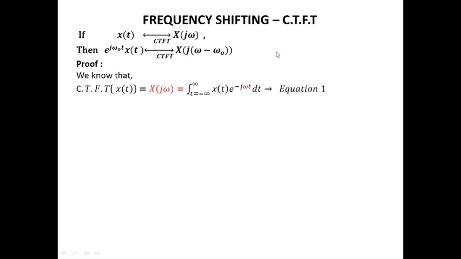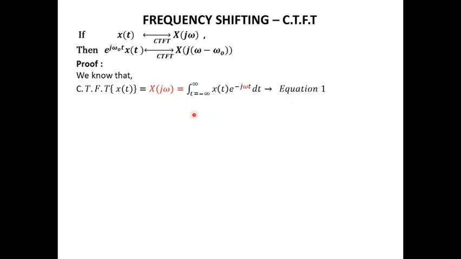So now the proof for this is very simple. Again we know that the continuous time Fourier transform of x of t equals x of j omega. Here we are going to exploit the concept. For each and every proof we need to adopt a different methodology so that we arrive at the particular proof. So here we cannot go for finding CTFT of e power j omega naught t x of t equal to so and so; if you do like that, you won't arrive at the proof.